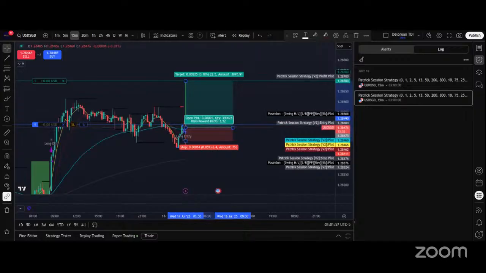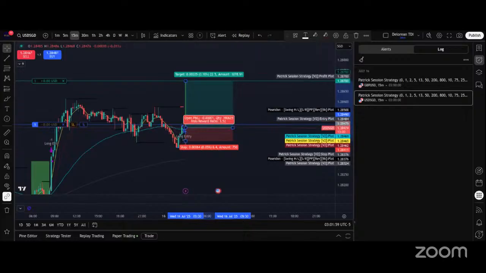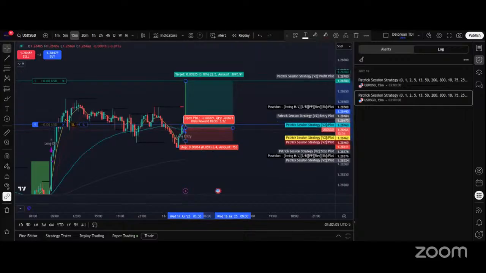That's going to be for 23 pips. Stop loss is 1.28411. That's going to be for 6 pips. And entry price is going to be 1.28475.